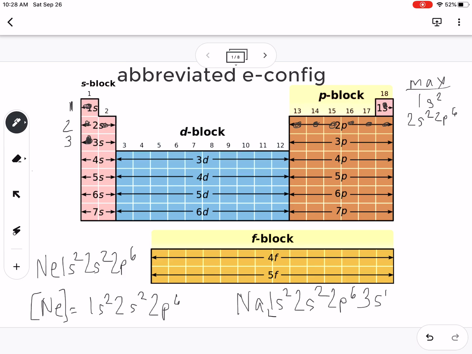But this whole first part is the same as neon. This is just neon. So why do I need to keep writing that whole beginning part out a million times? I don't. I could just say sodium is neon and 3s1. Let me rewrite that so we can see it a little bit clearer.